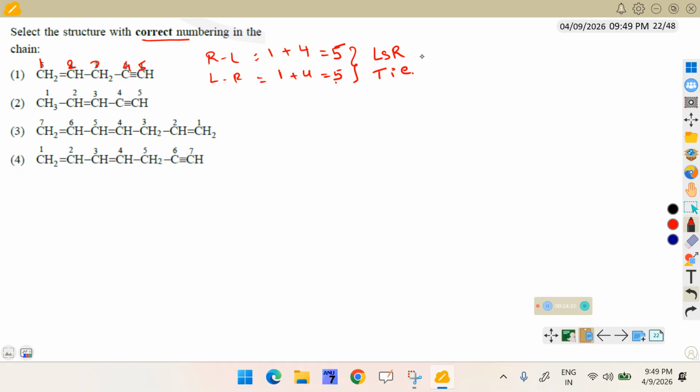If the lowest sum rule is a tie, then you check: double bond is alkene, triple bond is alkyne. Follow the tie-break rule, which means follow alphabetical order.